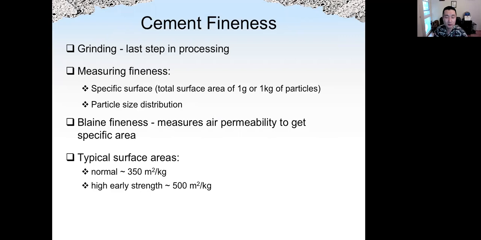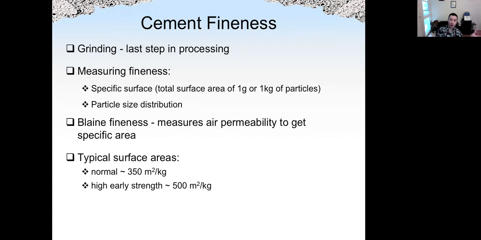Then let's look at the particle size and the surface area, which we call the fineness of cement. When we get clinker, we need to grind this clinker into fine powder. That's the last step in processing Portland cement. There's the specific surface area, which is the total surface area of 1 gram or 1 kilogram of cement.